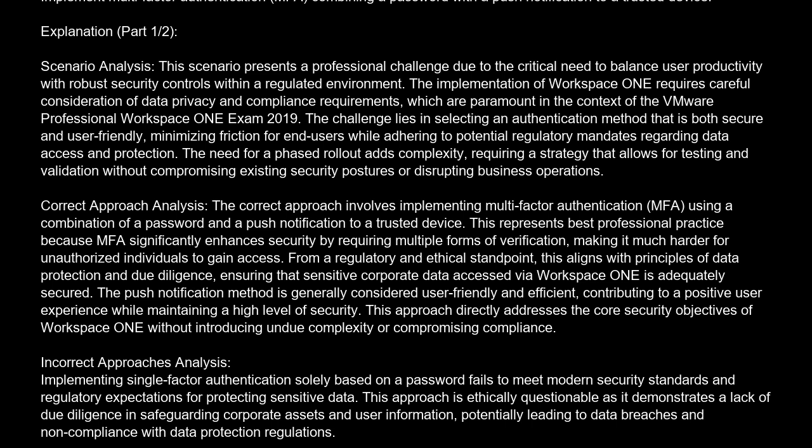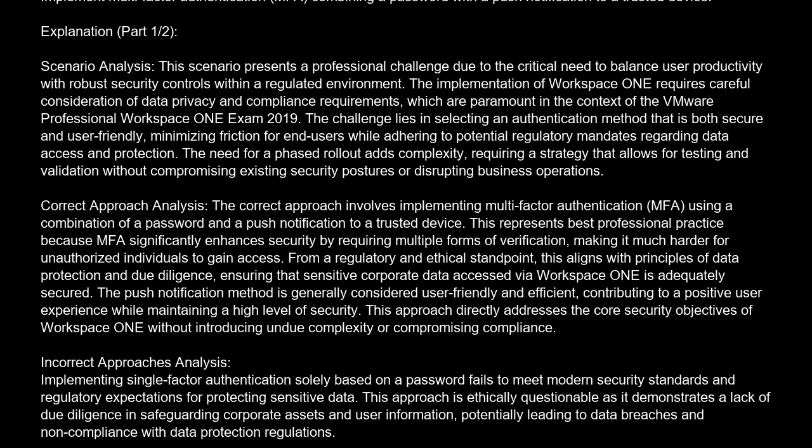Explanation. Scenario analysis. This scenario presents a professional challenge due to the critical need to balance user productivity with robust security controls within a regulated environment. The implementation of Workspace ONE requires careful consideration of data privacy and compliance requirements, which are paramount in the context of the VMware Professional Workspace ONE Exam 2019.